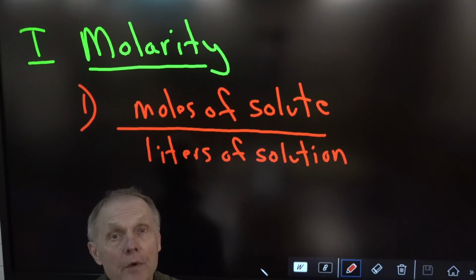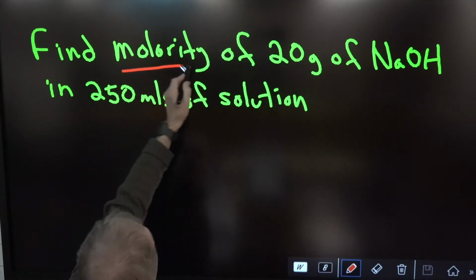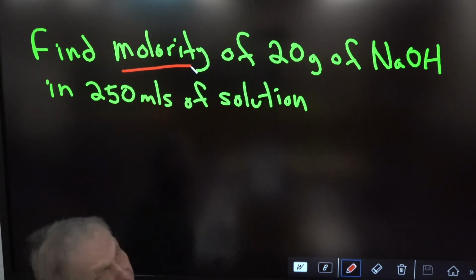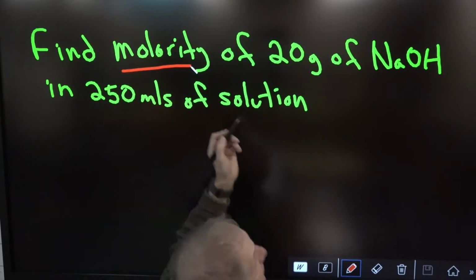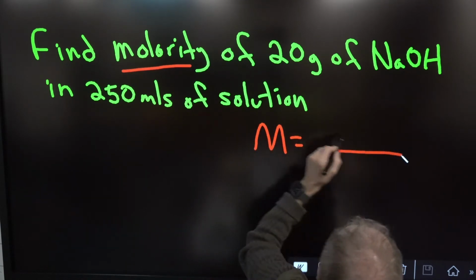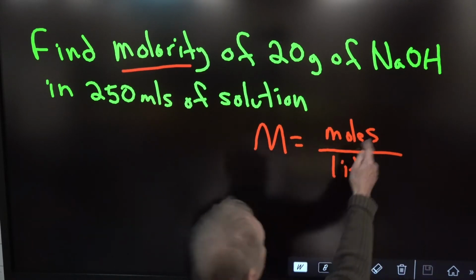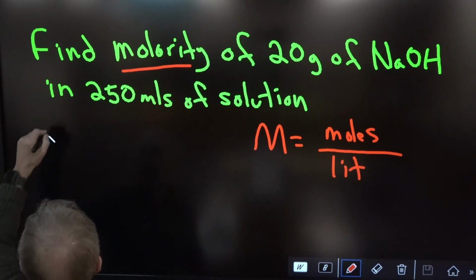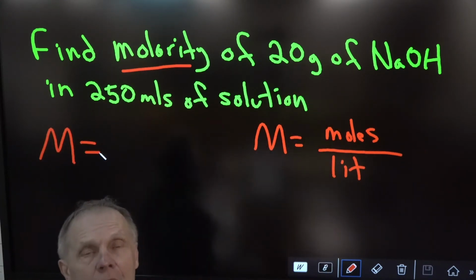So we'll do one right now. Okay, so here's the problem. Find the molarity of 20 grams of NaOH in 250 mL of solution. Formula: big M, which is molarity, equals moles of solute over liters of solution. Well, I don't have either one of those. So it's going to be big M equals, remember, I have to convert grams to moles.